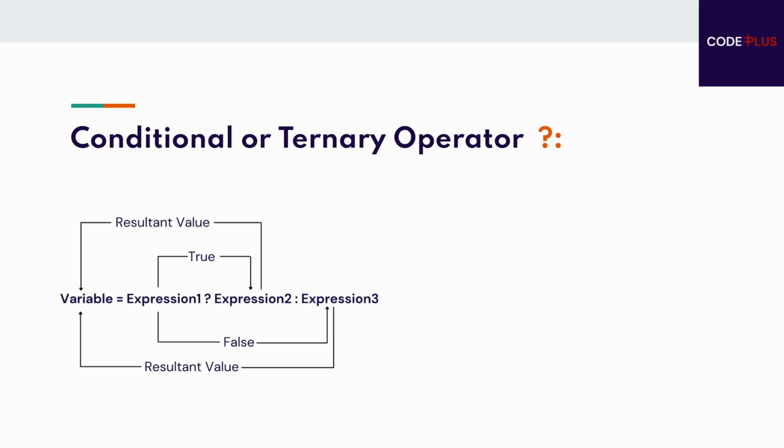Here, expression 1 is the condition to be evaluated. If the condition or expression 1 is true, then expression 2 will be executed and the result will be returned. Otherwise, if expression 1 is false, then expression 3 will be executed and the result will be returned.